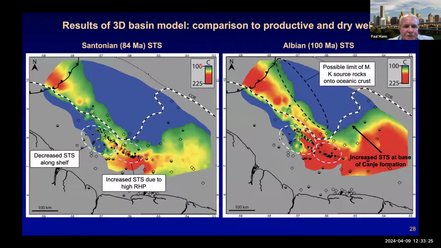So just some results from his modeling. This refers to the standard thermal stress. So the hotter colors are the hot areas. The green colors are the cooler areas. And you can see that where you have the warmer areas, you get into some gas fields here. Where you get out of the hotter area, you get into oil fields over here.